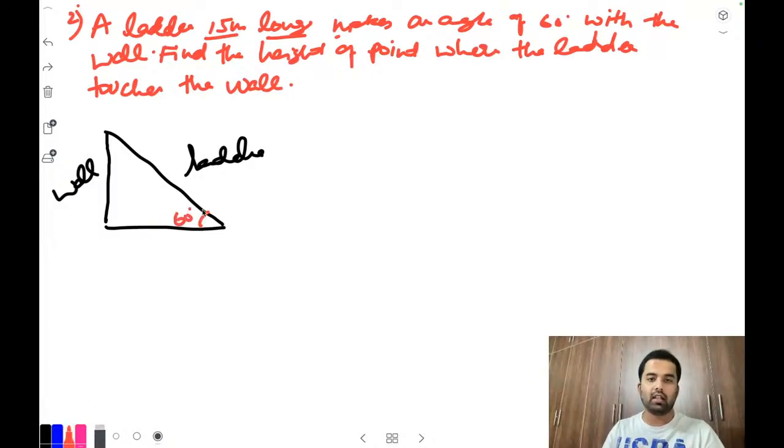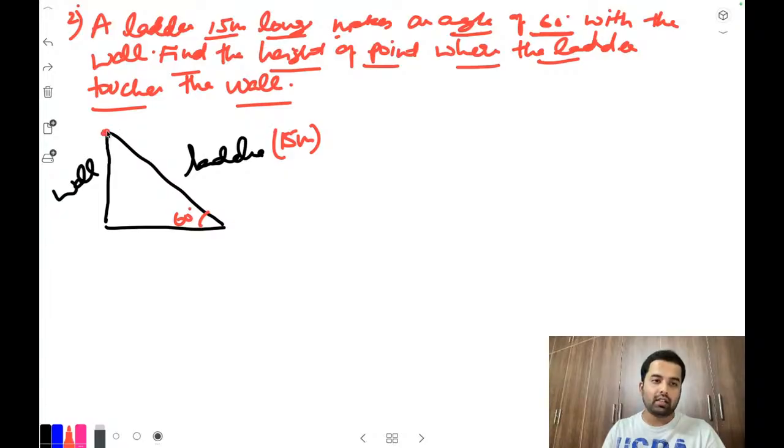This is what? 60°. See, it is making an angle of 60 here. Ladder is how many long? 15 meter long. Okay, so we mentioned that also. Question is asking about what? Find the height of the point where the ladder touches the wall. Here it is touching it. So the question is asking about this red color mark.